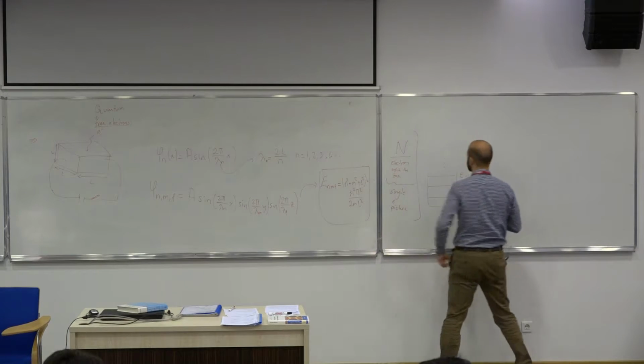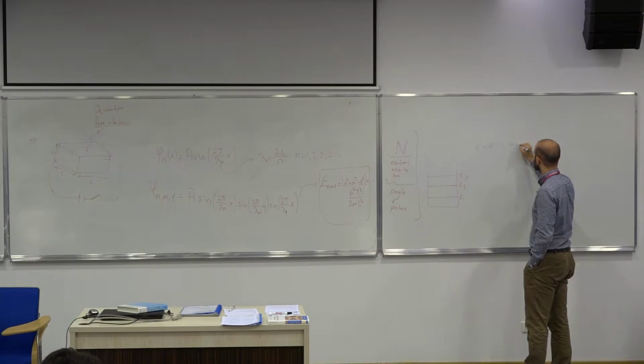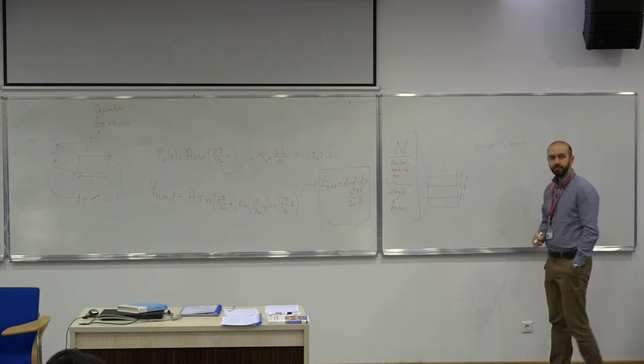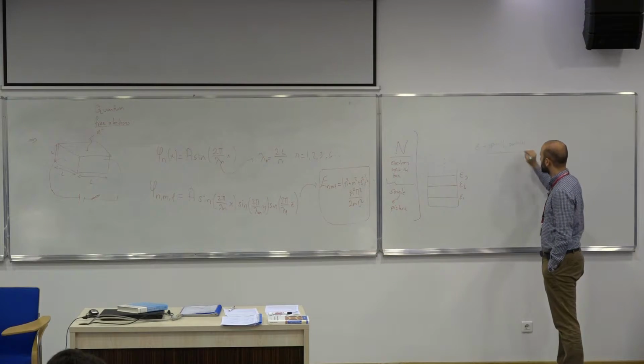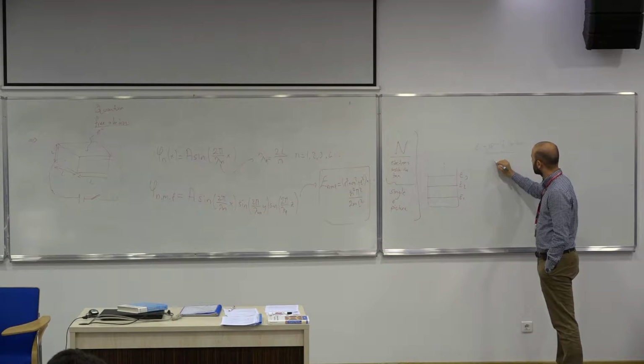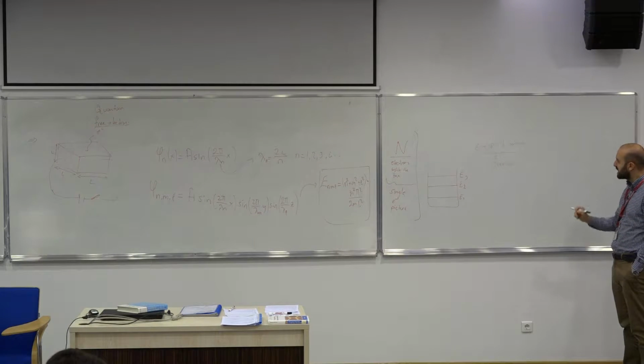The idea here is that electrons are spin 1/2 particles, and due to this spin property, they cannot occupy the same quantum state.